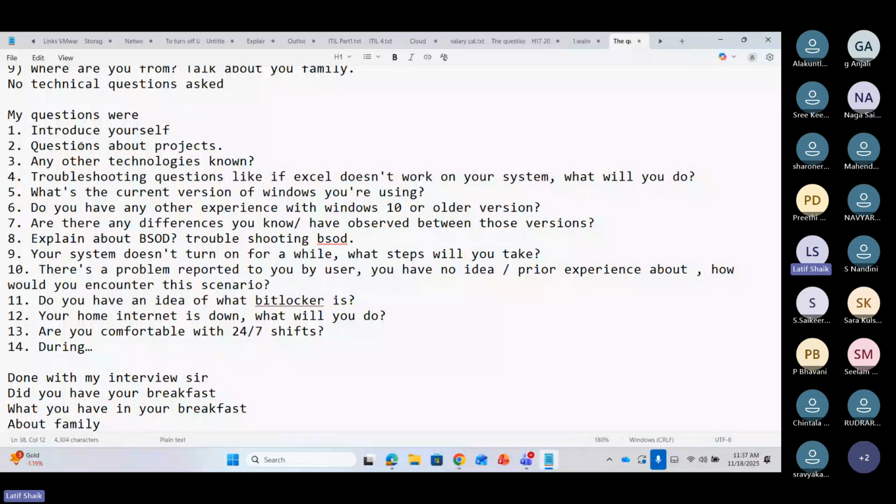Restart your PC, press F8, and go to safe mode. After restart, if you don't get a BSOD, no problem. If you get a BSOD again, then what have you done?